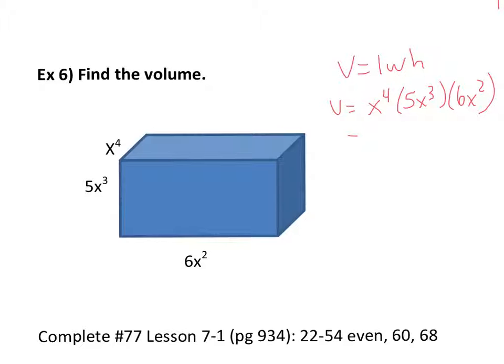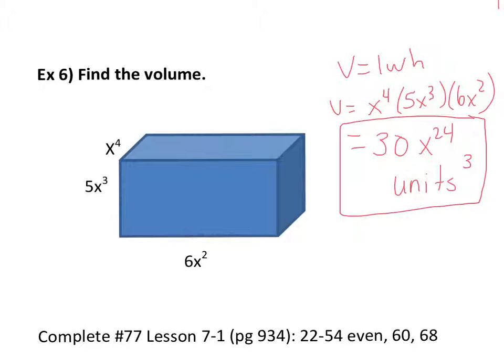So I'm going to multiply again the 5 and the 6. Remember there's a 1 here in front, but that doesn't change the value. So 5 times 6 is 30. And since they're side by side here, I'm going to add these exponents. So 4 plus 3 is 7, plus 2 is 9. So x to the 9th. Again, we don't have any units, so we're going to call it units. And since it's volume, it's cubed. And that would be your final answer here.